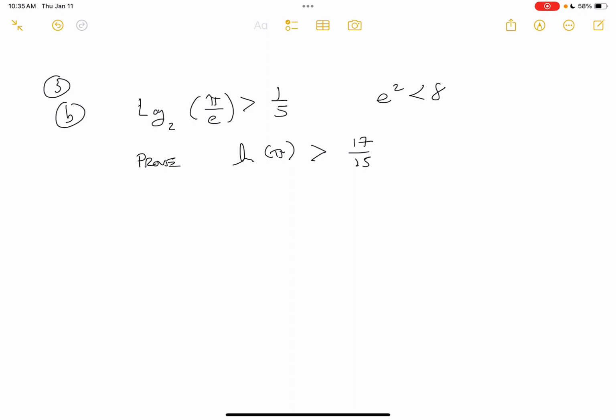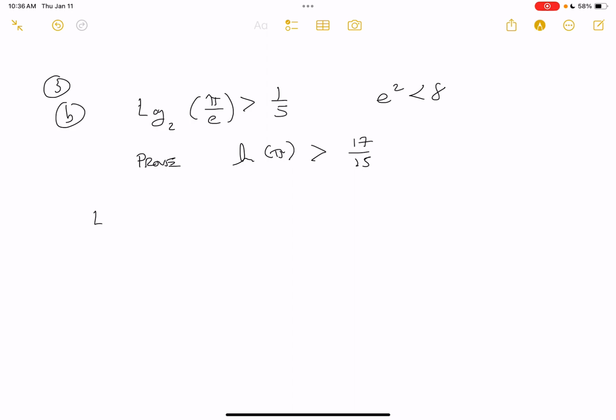I think it's in order, and I'll tell you why. I need to change this to a different base. Well, I guess what we could do is change it to base e, because we need to prove something about the natural log. So I'm going to change to base e. And what's base e going to be? Let's write this over here as the base change formula. This is part B, base change formula.